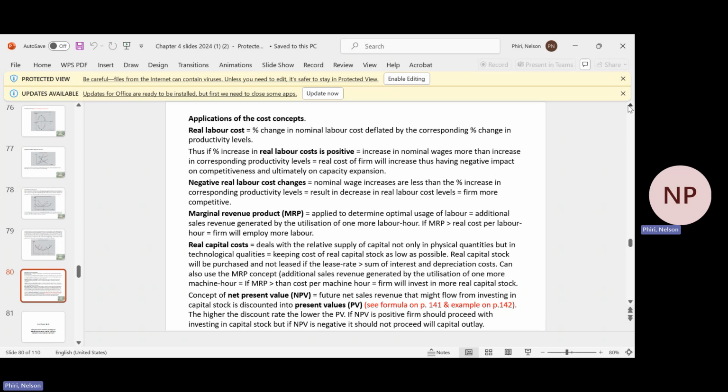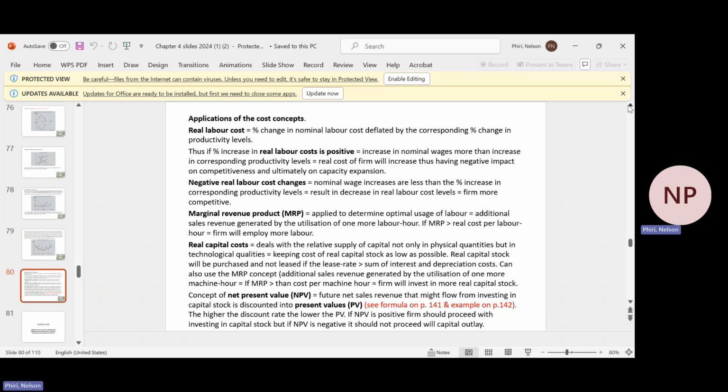Overall, your marginal revenue product works hand in hand with your real cost of labor. If it's still benefiting you to employ workers, you employ them up until a point where the MRP is equal to your real cost of labor.